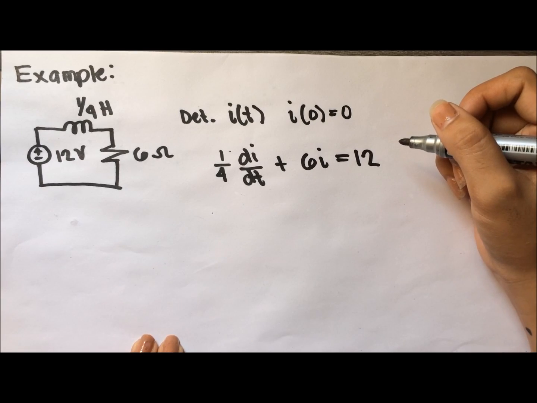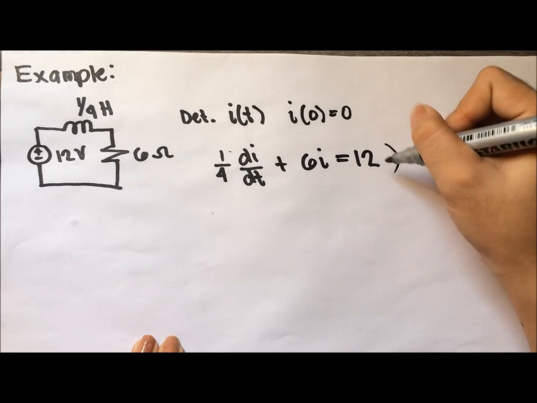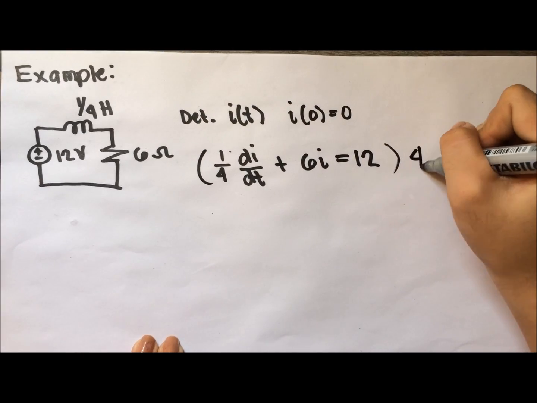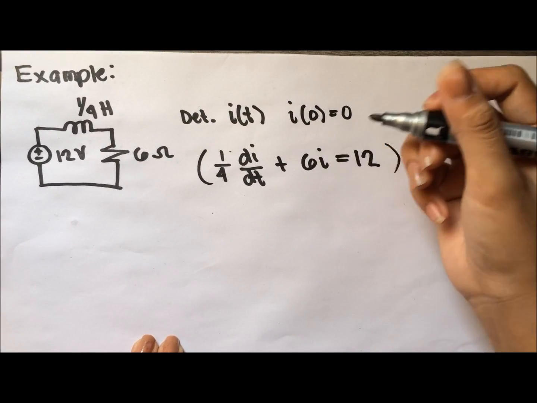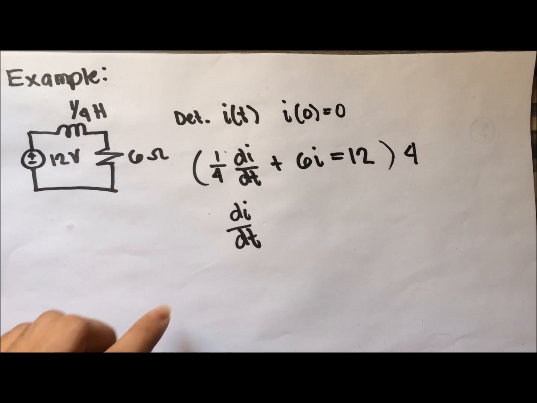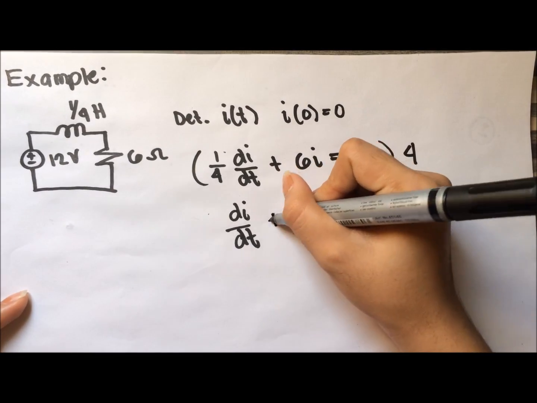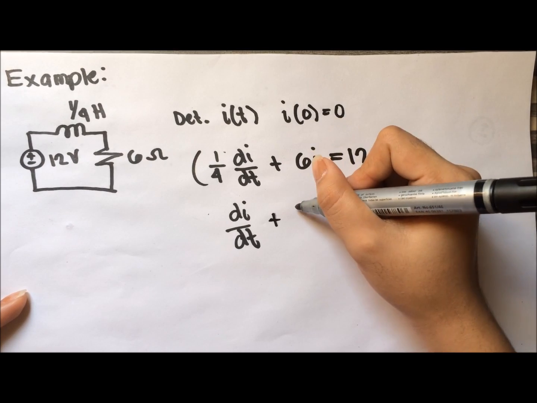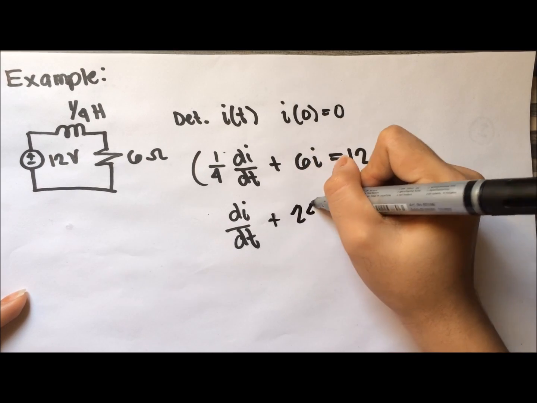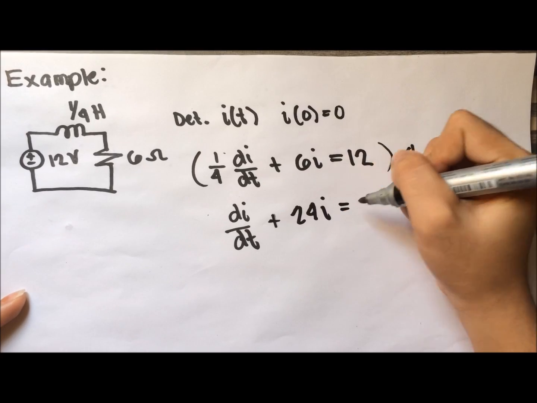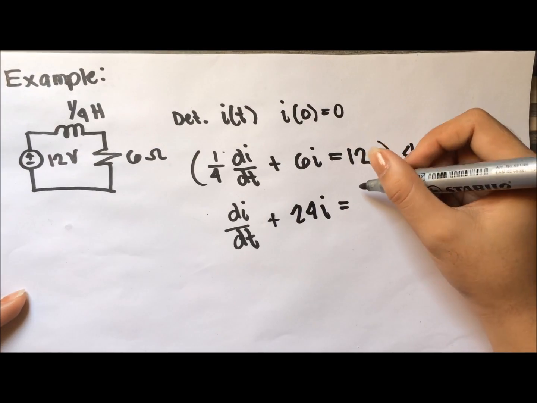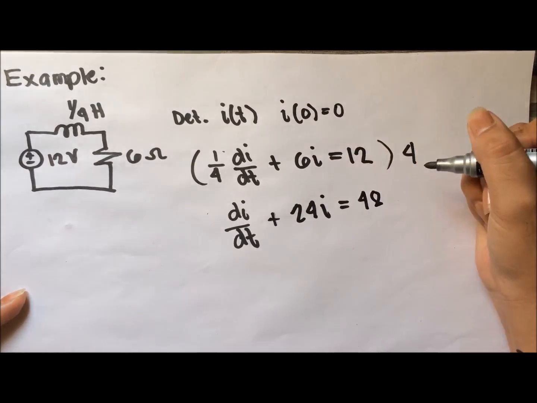Multiplying both sides by 4 to have its standard form, we have di/dt plus 6 times 4, which is 24i, equal to 12 times 4, which is 48.